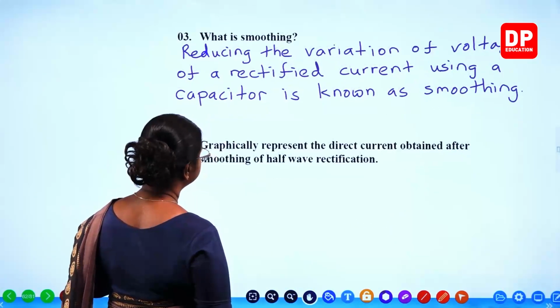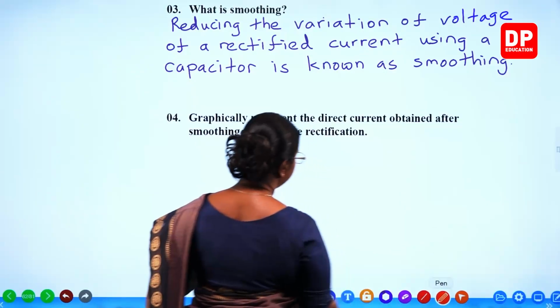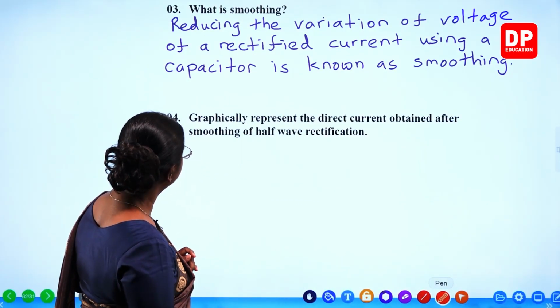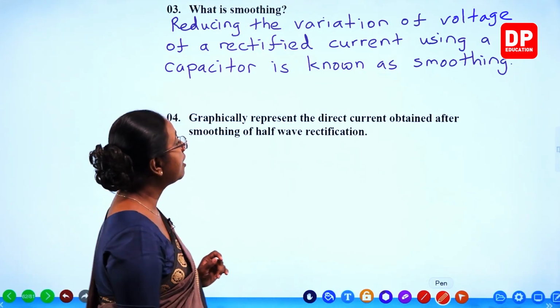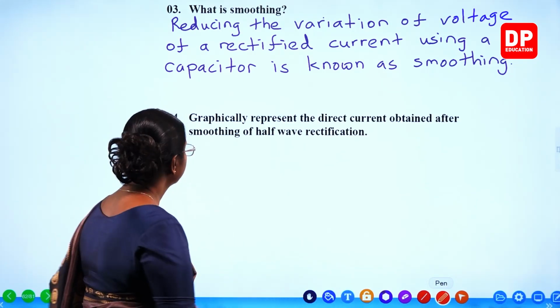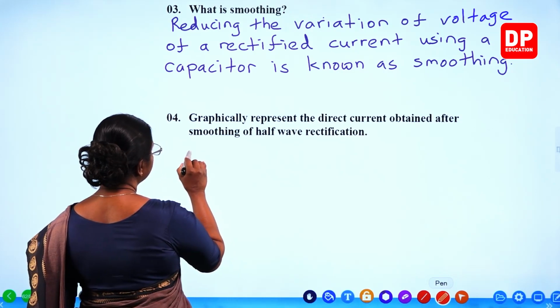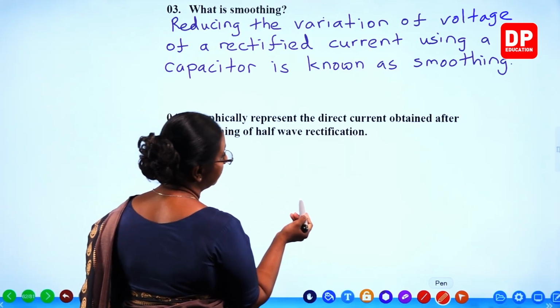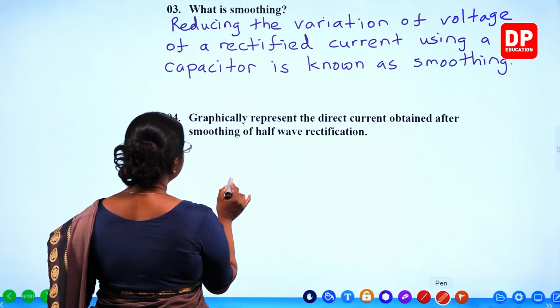Then, if we look at the next question, graphically represent the direct current obtained after smoothing of half-wave rectification. So normally you have the direct current that is obtained after half-wave rectification, and that also after smoothing.